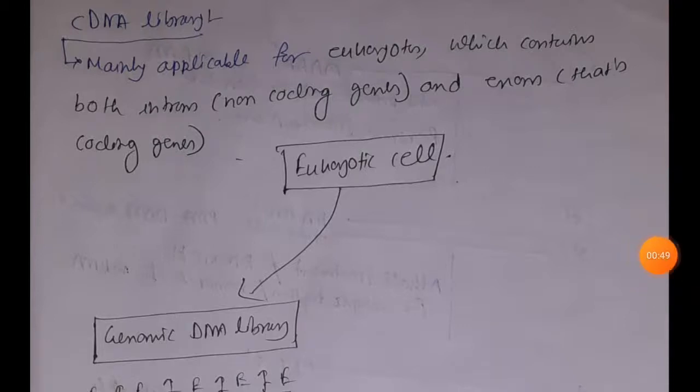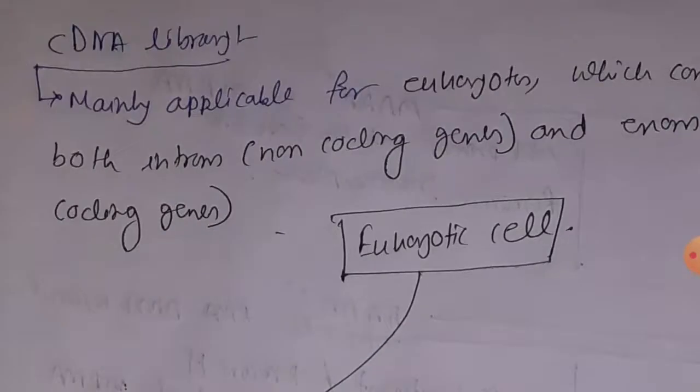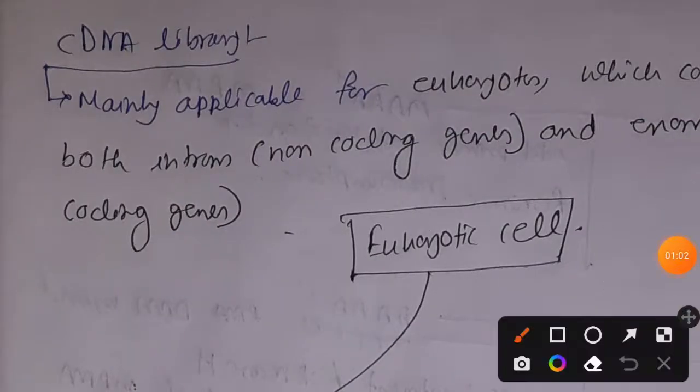Okay, so now we are going to discuss the cDNA library. Again in this video I will ask you the same question: what comes to your mind when I tell you about a library? A library means a large room consisting of a variety of books, right?